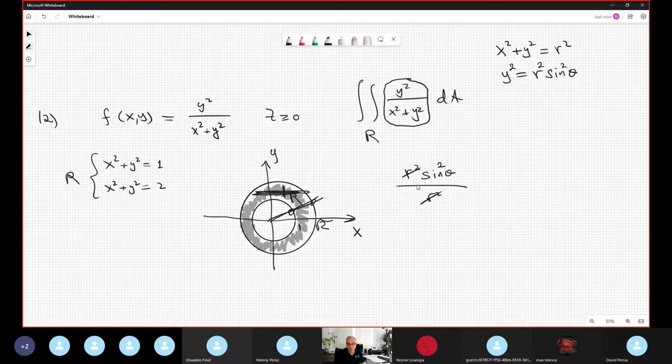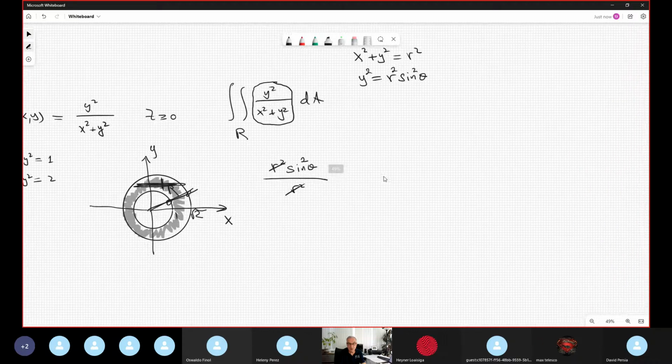Okay, ready. So now, the rest is easy. My integrand function is sine squared. The Jacobian is r dr d theta, as always. And the radius goes from 1 to radical 2, and theta goes from 0 to pi.